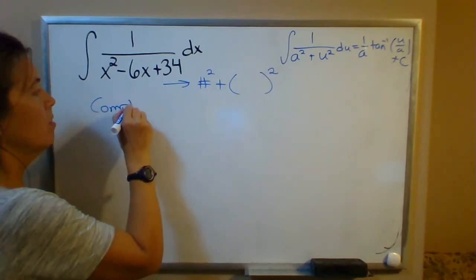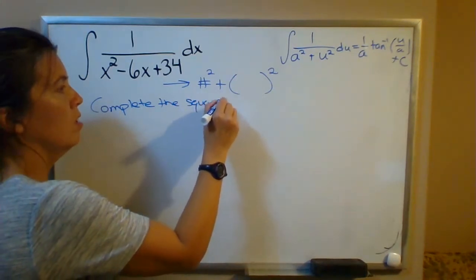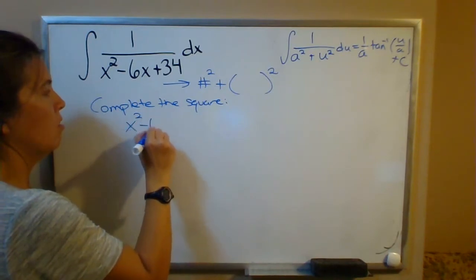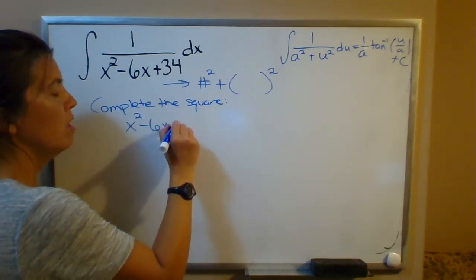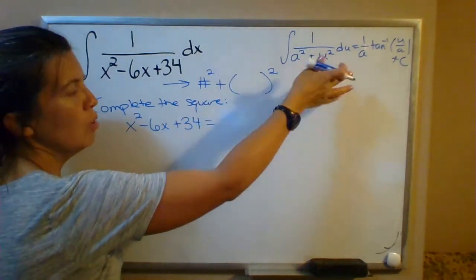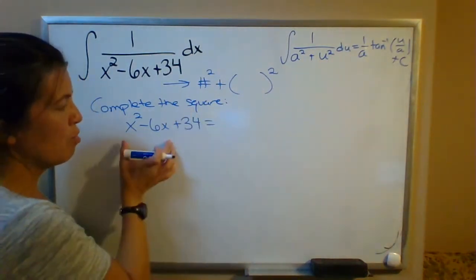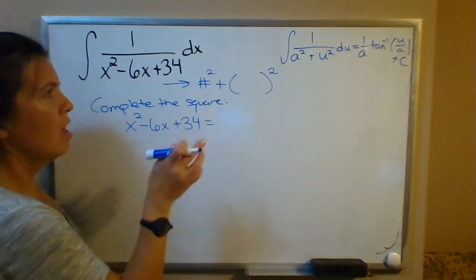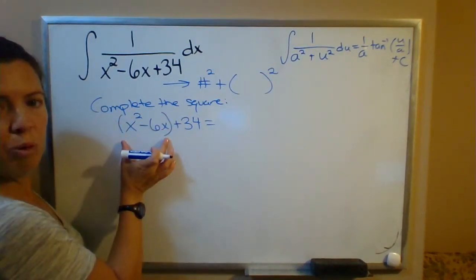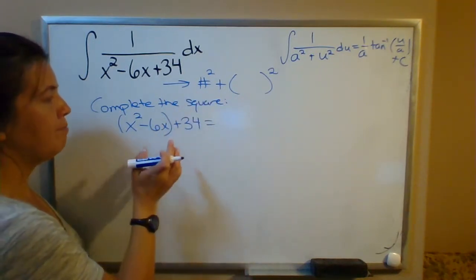I'll write that down. We're starting with x squared minus 6x plus 34. If I want to put that closer to the form a squared plus u squared, it's addition, so the order doesn't matter, whether I have the expression of x first or the constant first. One thing I could do is put the x part of this expression in parentheses.